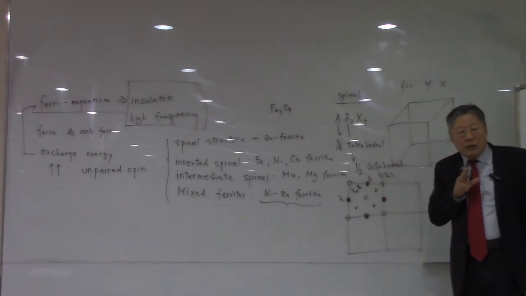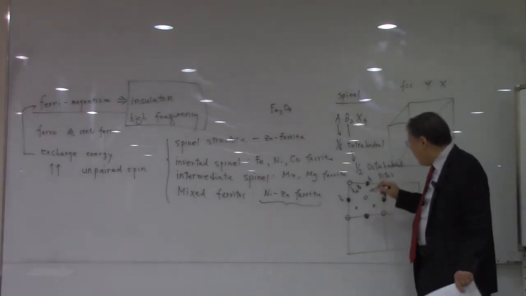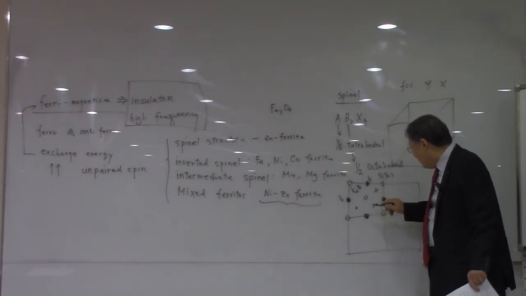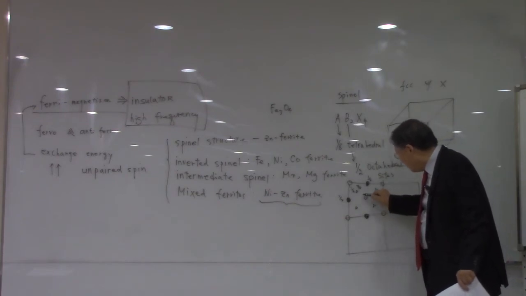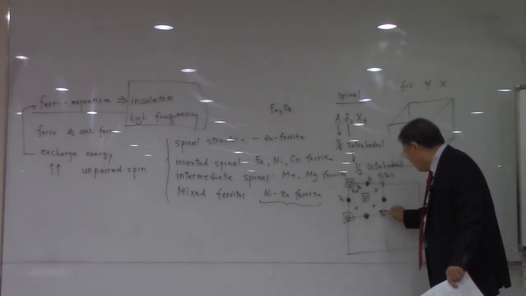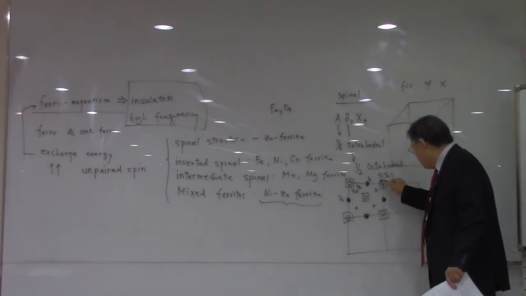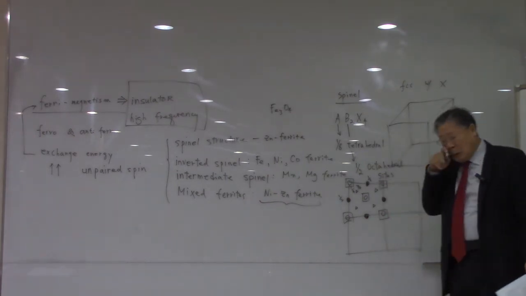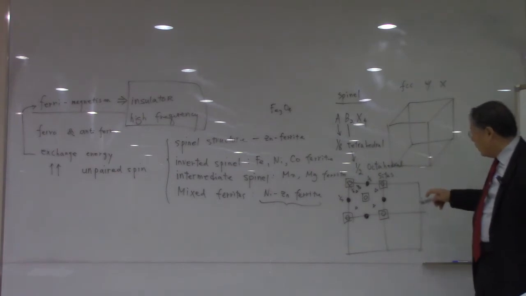So we have 8 tetrahedral sites. For the octahedral sites, we have one at the center and at each corner we have an octahedral site.